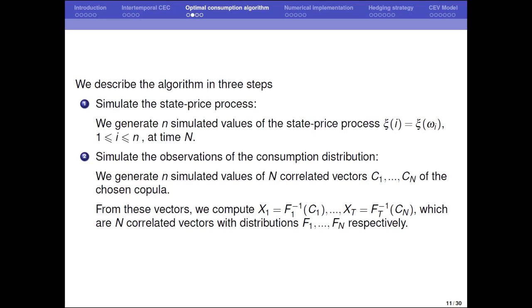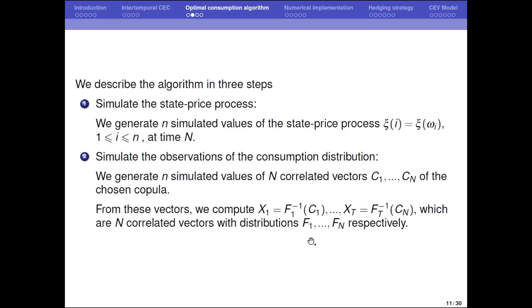And then we compute the x vector, and that vector fulfills the distribution I gave to every step. I mean, not only do I have the dependence via copula, but for each time I have a desired distribution. This is the way this is connected to the distribution builder, because F stands for the distribution I want to achieve.